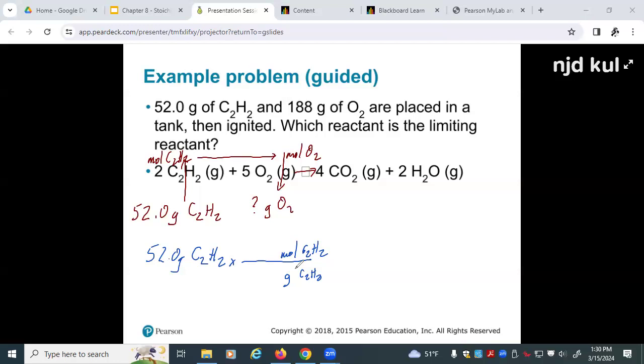So we've got 2 carbons, so 2 times 12.01, and 2 hydrogens, 2 times 1.01. Total mass of acetylene is 26.04. My grams of acetylene cancel. Now I've got my moles.